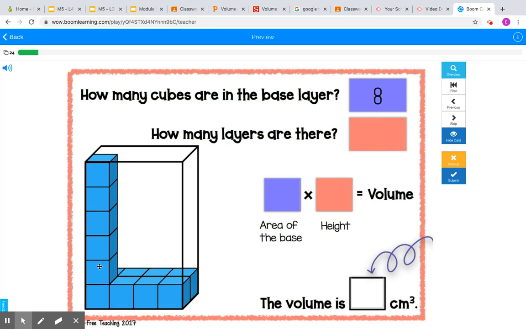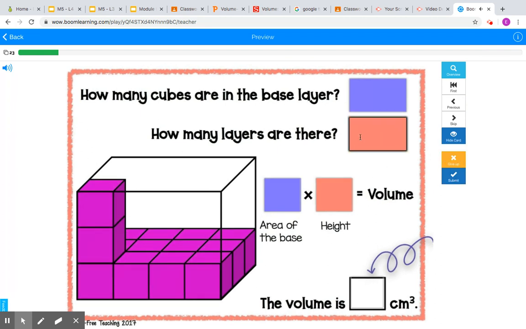Let's see, we have 1, 2, 3, 4, 5, 6. I need 6 layers of 8 cubes. So 6 times 8 is 48. So my volume is 48 cubic centimeters.